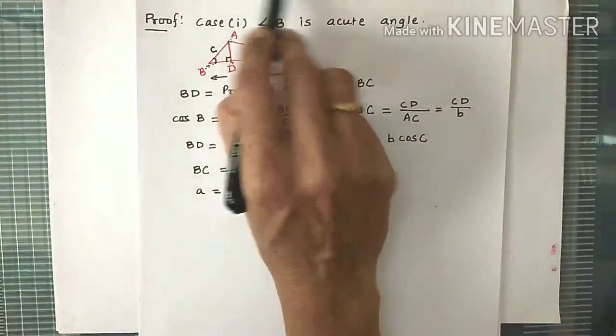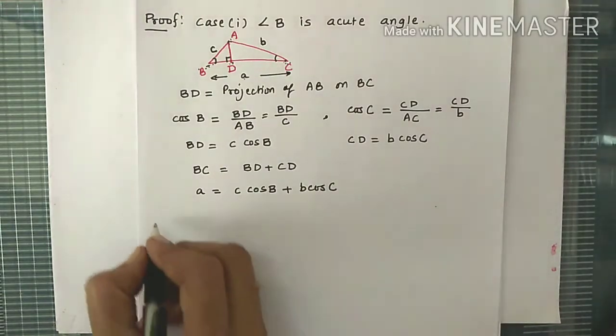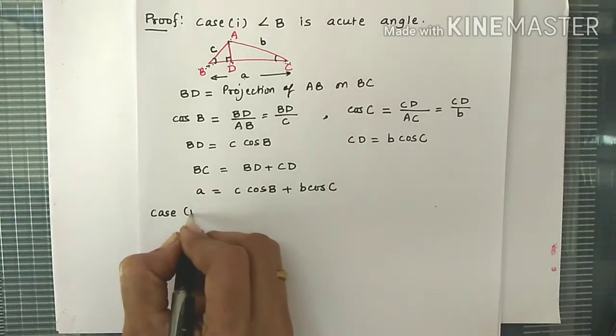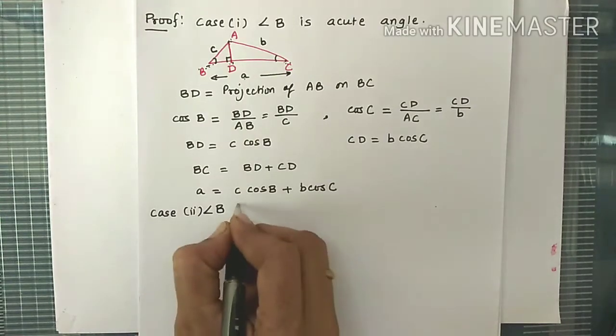So we are proving just the first statement. Similarly, we can prove the other two. So we are considering for B. So let's consider second case. Case 2 is B is right angle. Angle B is right angle.